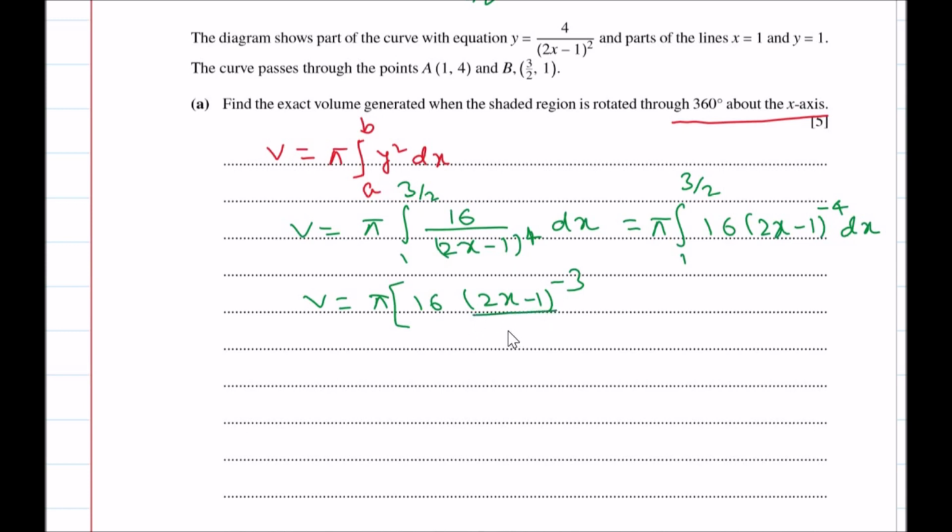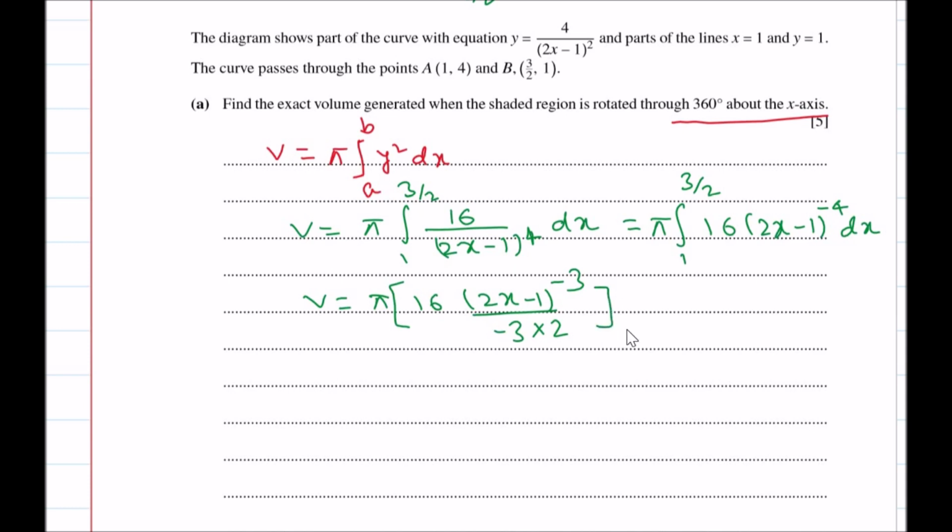And the same comes here, divided by minus 3. And because of 2x, we multiply by 2. Okay. So this is what we got.